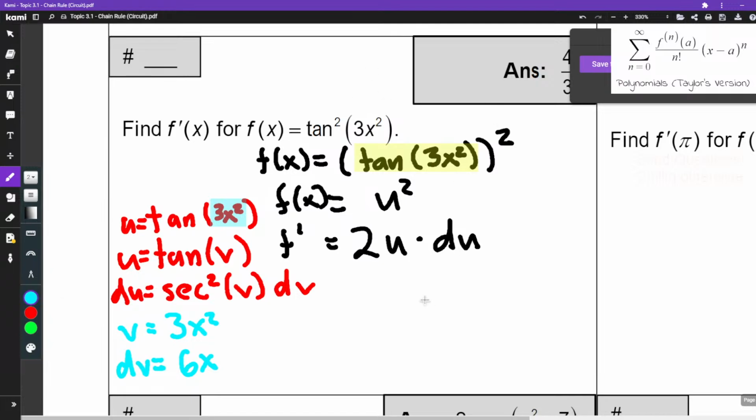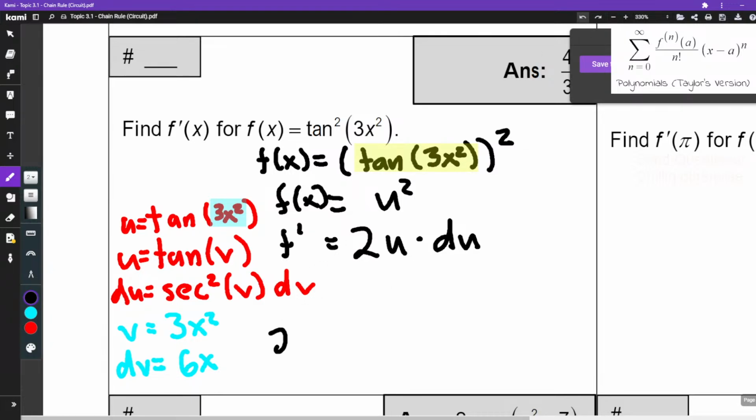Then all you have to do is plug everything back in. So this u goes into here, and then the du, you have to just plug in the v and the dv here. So what we have left is 2 times, actually I'm gonna write it down here.